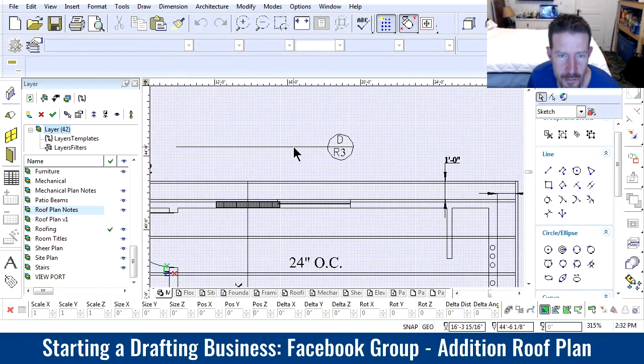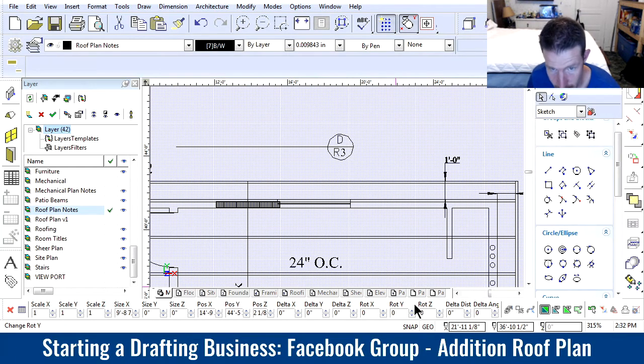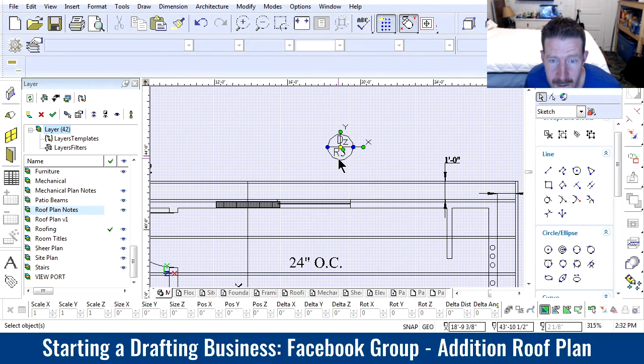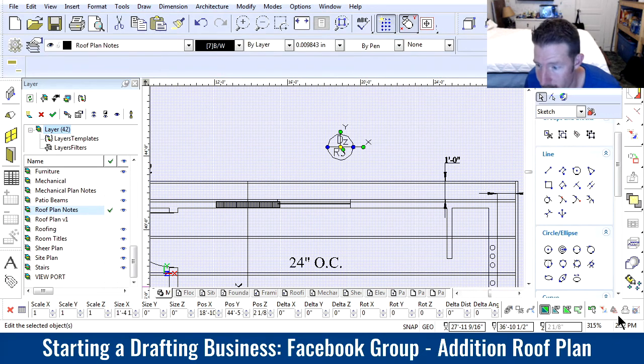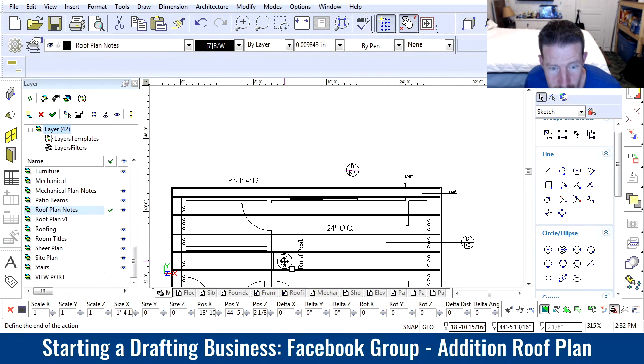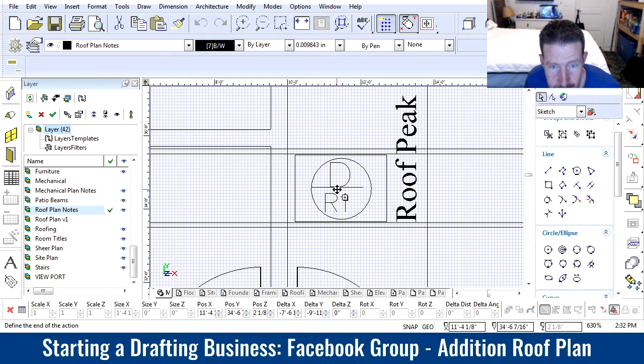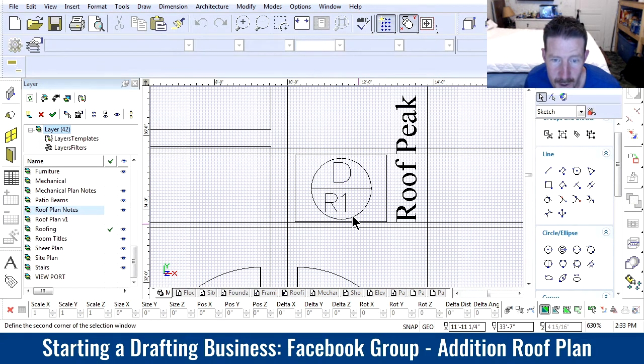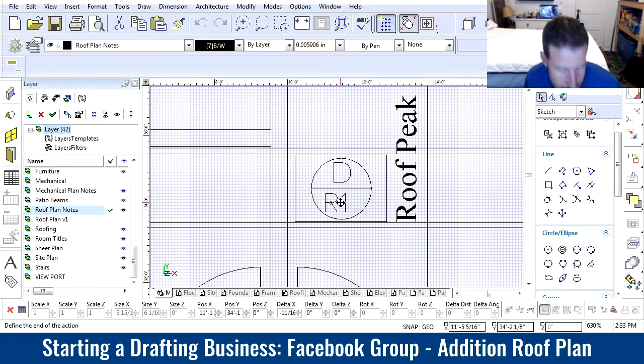Okay, let's clean up DR3. I really like this little line. Well, because the D in my labeling system is just supposed to stand for detail. It's not supposed to be anything fancy.